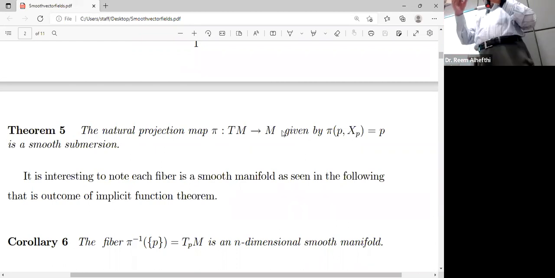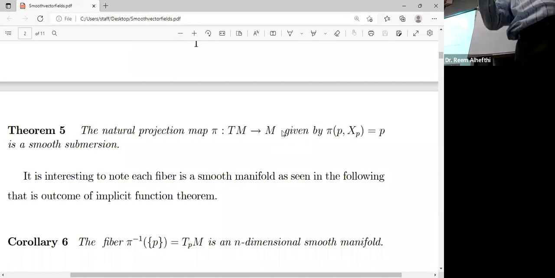And this is very natural also, because tangent spaces are isomorphic to Rn, and Rn has a smooth structure. You can borrow that smooth structure using that isomorphism, which makes the tangent space itself an n-dimensional smooth manifold.